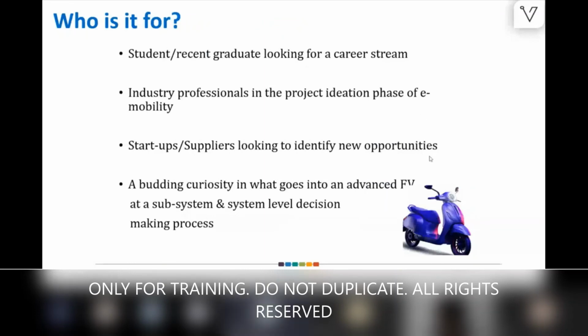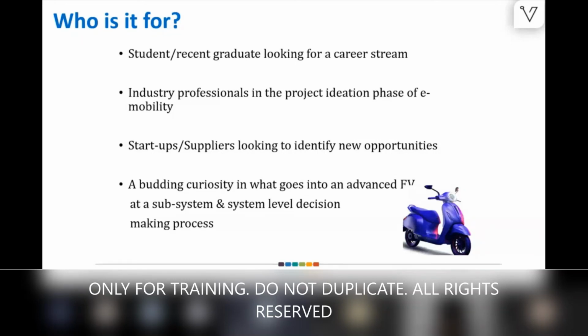This program is applicable for students or recent graduates, industry professionals already going down the path of e-mobility, startups and suppliers, as well as anyone interested in doing this subsystem level optimization.